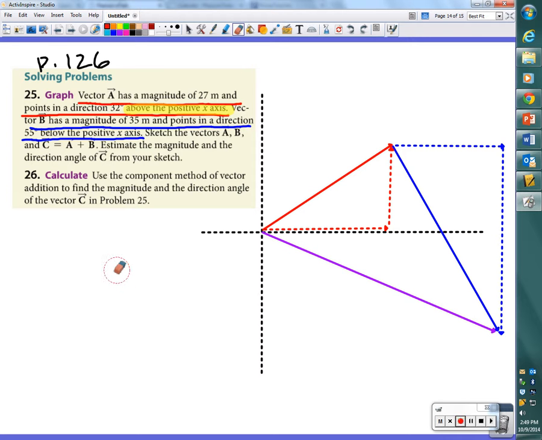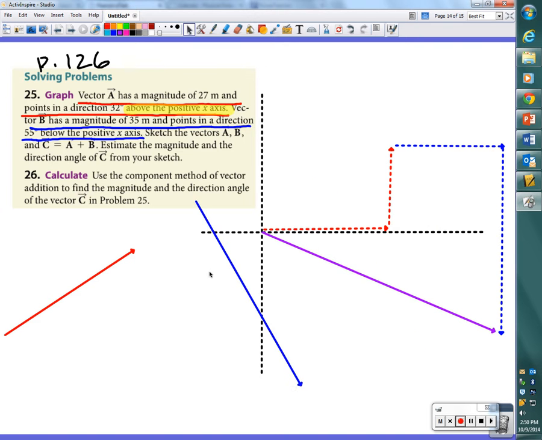Remember, back in section 4.1, we talked about how the component vectors are basically equivalent to the vector itself. So by finding the component vectors of these two vectors, in essence we have removed this vector and this vector from the drawing, and we've replaced them with these four component vectors. Good?